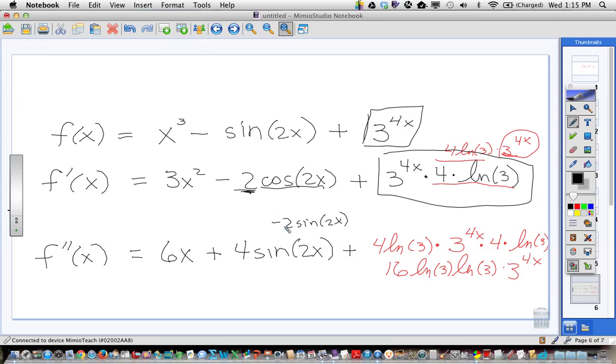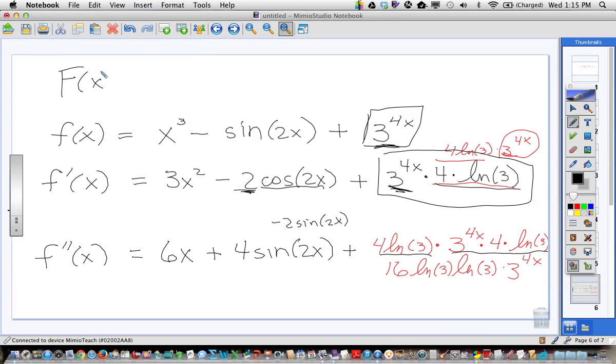Now, once I put that negative 2 with that negative 2, that's why it turned to plus 4. So over here, this is just going to sit there, which is what this is. And then we're going to do the derivative of that, which is just like when we did the derivative of that. The derivative of this then is all of this. Does that make sense? And then we just put it all together. Okay? All right.